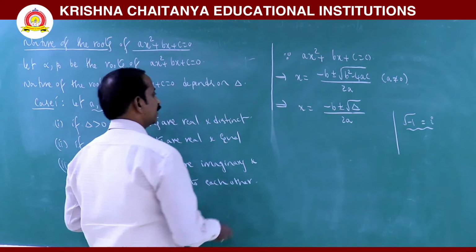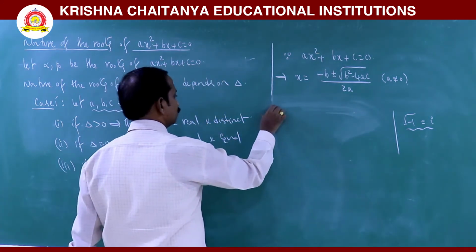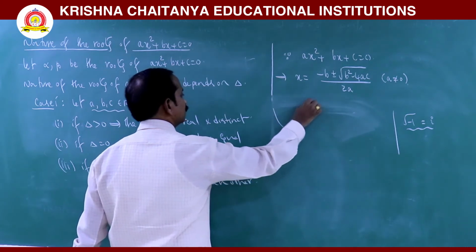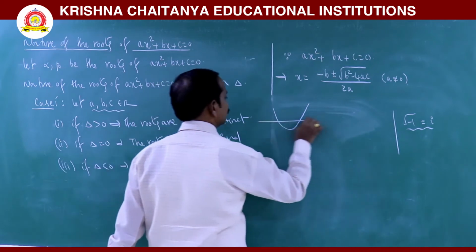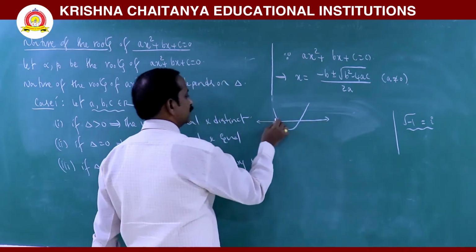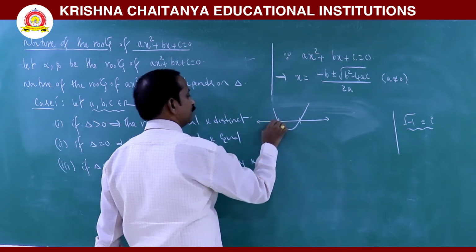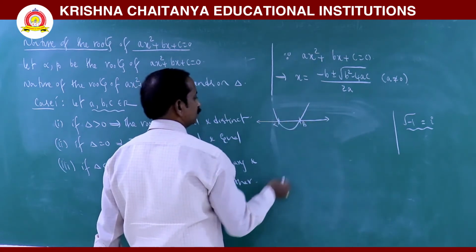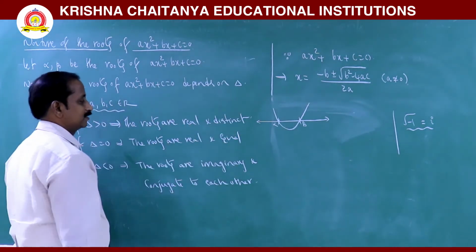So if a is greater than 0, ax² + bx + c is shaped like this. This is the x-axis. The curve intersects the x-axis at two distinct points, alpha and beta. In the first case, the roots are real and distinct.